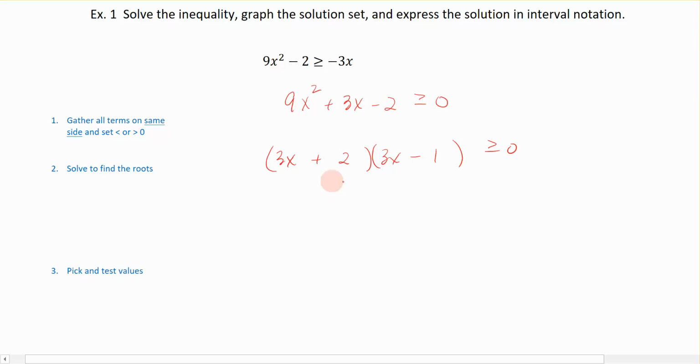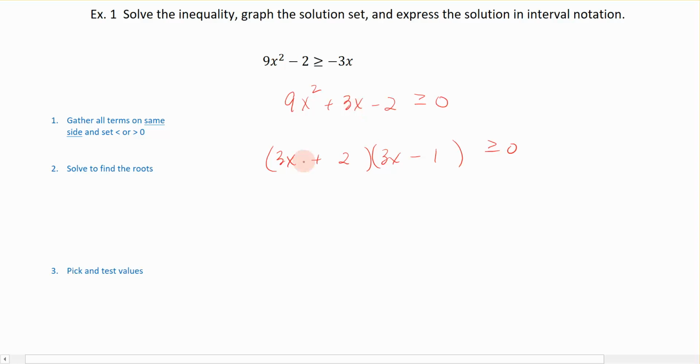I have minus 3x plus 6x gives me a plus 3x. Now most everybody can get the factors for the last term correct here. They get the factors for the first term correct here, but they may not have the right middle term. So always check that your outer and your inner gives you back the middle.